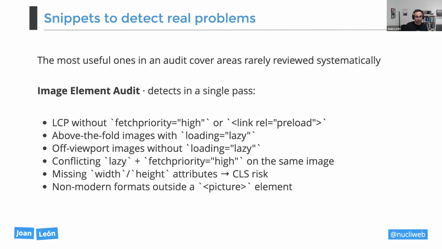Check if the above-the-fold images have loading lazy, and all the images in the viewport without loading lazy. We can check the same with the same script. We can check both. And conflicts, because usually I see some cases with images with loading lazy and fetchpriority high. This is a mismatch, so we need to check it and fix it.